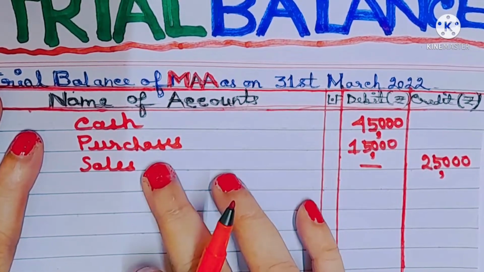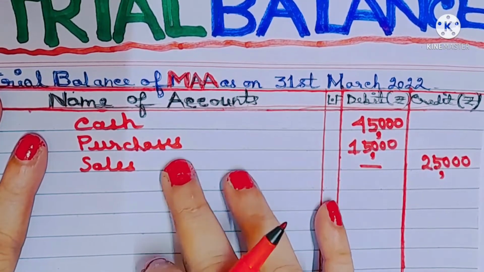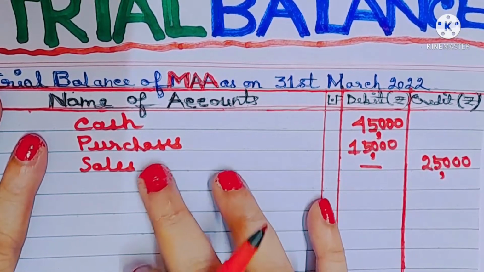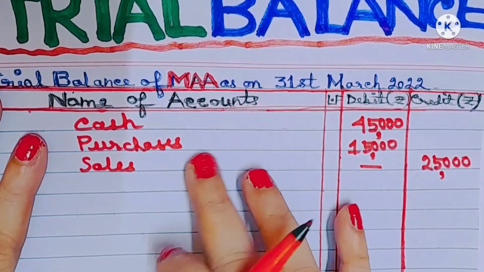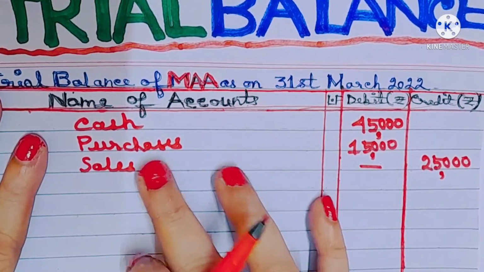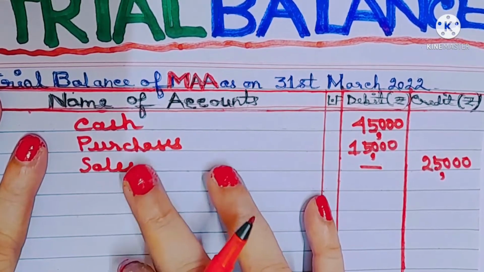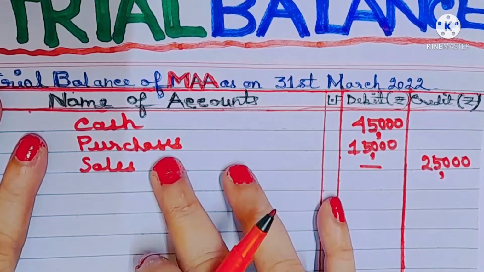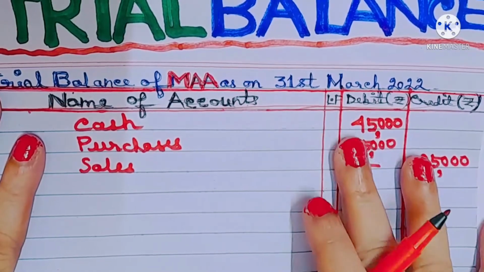Because sales comes under real account as well as nominal account. According to real account, what goes out is credit. Here, when goods are sold, goods go out from the business. So, sales account will be credited. According to nominal account, all incomes and gains are credited. Here, when goods are sold, cash comes in. So, sales is an income for the business. So, sales will be credited. Understood? Let's see the next account.